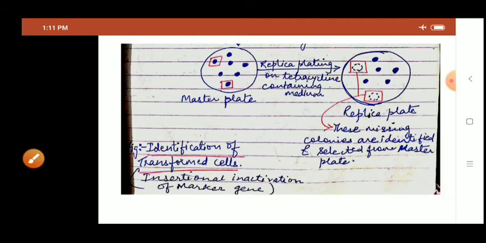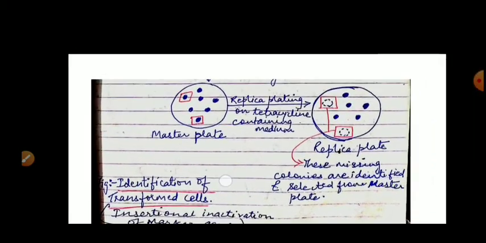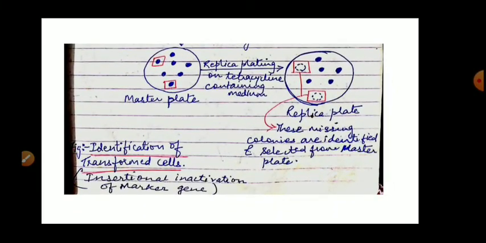The colonies of the master plate are replica plated on tetracycline containing medium. Now what you have to check is the colonies which are present on the master plate, as shown by the red colored box, but absent on the replica plate. These are the colonies formed by desirable clones, and they are selected for further experimental work.